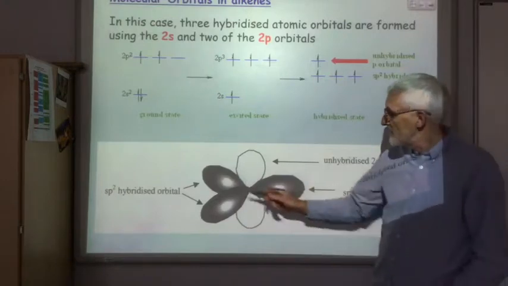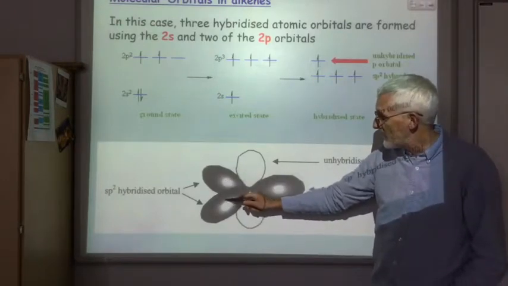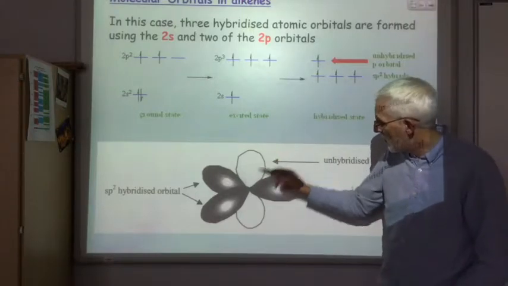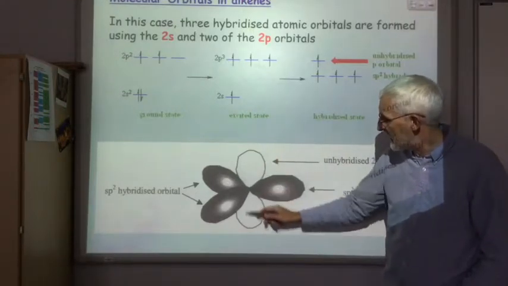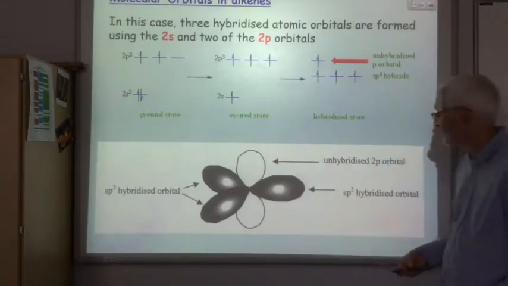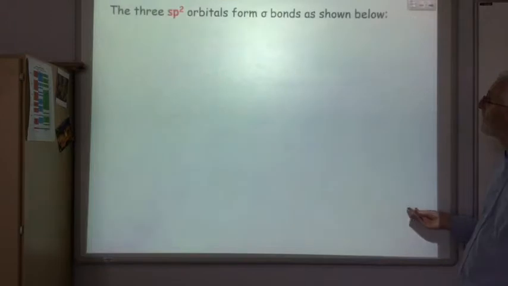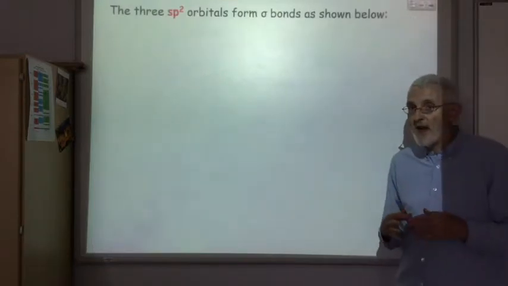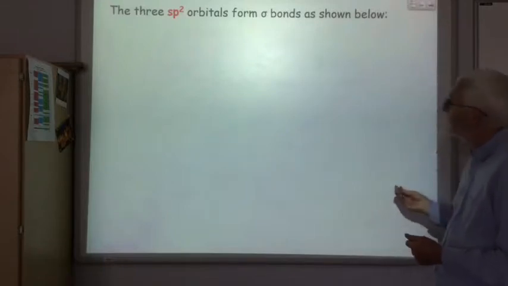Okay, so I've 1 electron in here, 1 electron in here, 1 electron in here, and 1 electron orbiting in that area there. So it's just a normal p orbital, that white one. So, as before, the hybrids form sigma bonds.